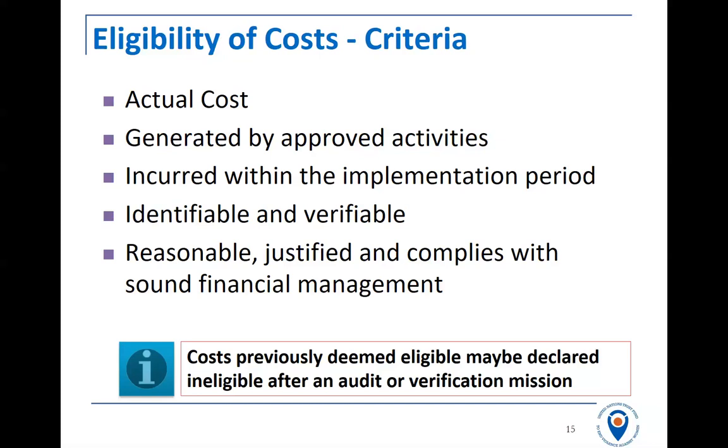And all the expenditure has to be reasonably justified and comply with your sound financial management. So as I said, everything should comply with your financial rules and regulations, procurement guidelines, and such. We do allow variances, but they would have to be reasonably justified.